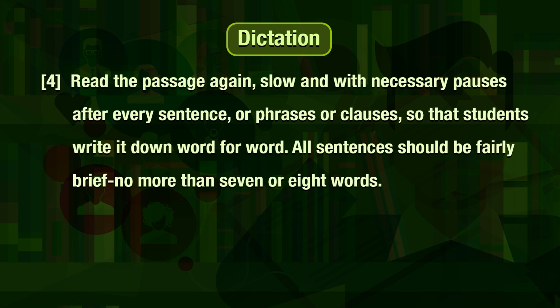Fourth, read the passage again, slowly and with necessary pauses after every sentence or phrase or clause so that students write it down word for word. All sentences should be fairly brief, no more than 7 or 8 words. If required, repeat each sentence twice or thrice.